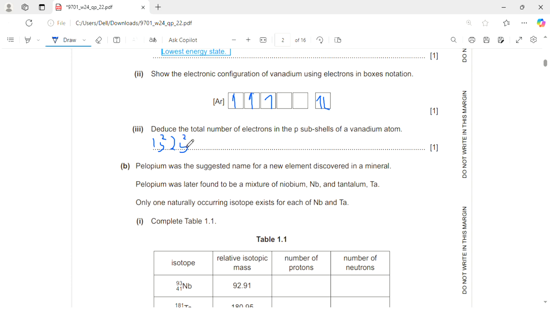The vanadium atomic number is 23, so first we fill 23 electrons.